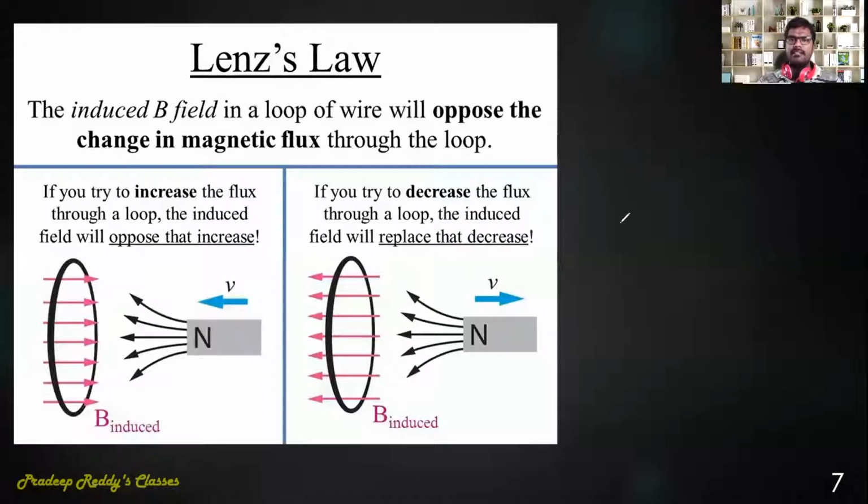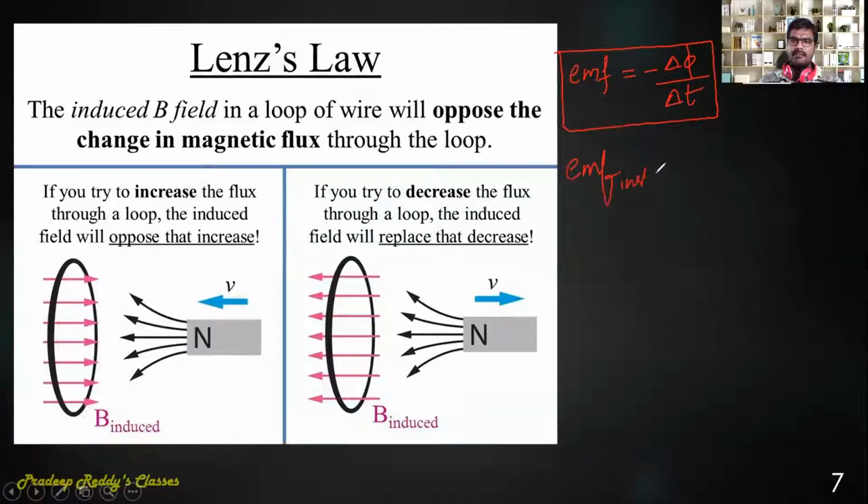Students, we already have discussed that EMF produced in the coil is equal to minus delta phi divided by delta t. This is the average EMF produced in the coil, and the instantaneous EMF is equal to minus d phi divided by dt, right?